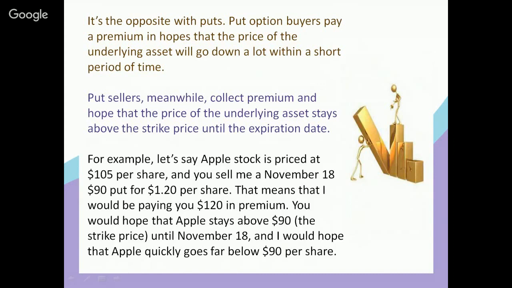That's the premium that I'd be paying you. And you would hope that Apple stays above 90. Remember, we're talking about puts here. You, the seller, would hope that Apple stays above 90, the strike price, until November 18, the expiration date. And I, the buyer, would hope that Apple quickly goes far below $90 per share.